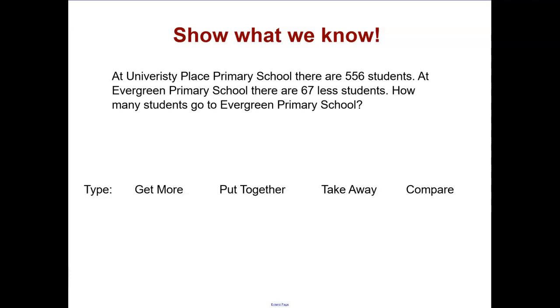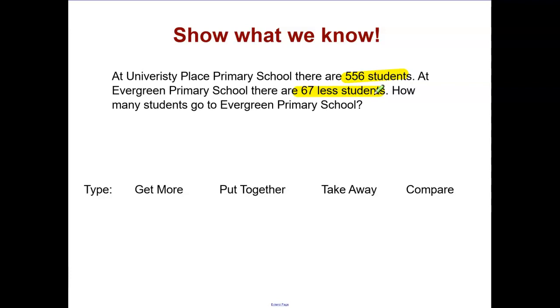What did you find? Well, at UPP, there are 556 students. At Evergreen, it doesn't tell us how many students there are, but it tells me there are 67 less. And boys and girls, I know right away, less is a difference word. It's telling me how many fewer Evergreen has than UPP.